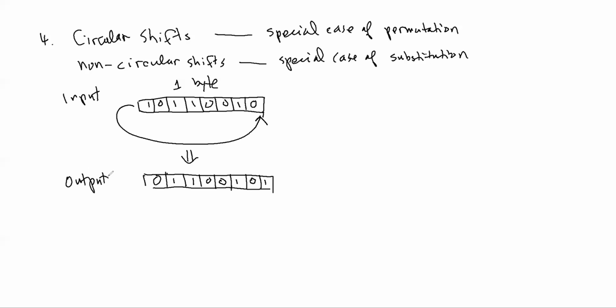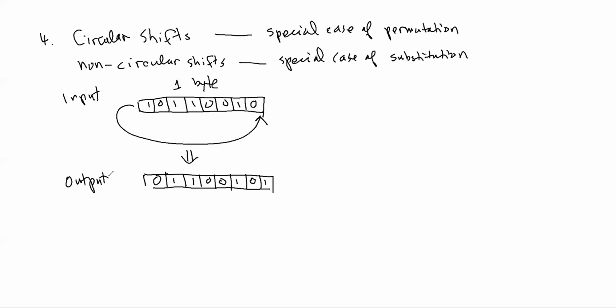So as you can see, it is just a permutation. So you can just keep doing it many times. Sometimes you can do a circular shift by 2 bits, 3 bits, and so on.